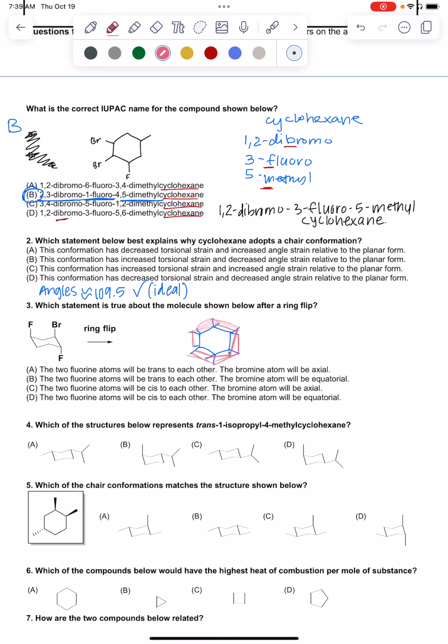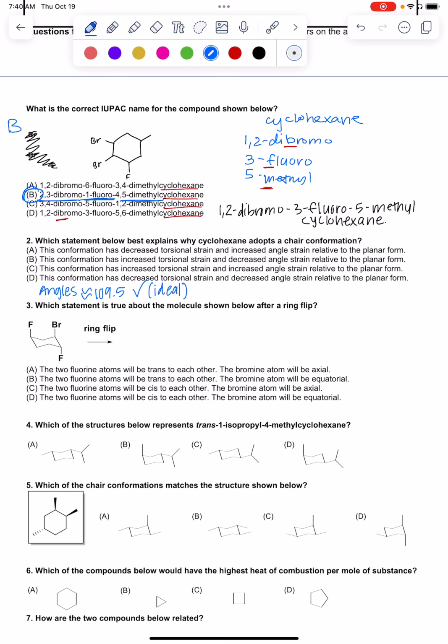When we put it in a chair conformation, the hydrogens or the other groups connected to the main ring are now not eclipsing each other. And that's why we get those axial and equatorial positions. They're not going to eclipse each other. The axial will stand up, the equatorial will stand straight. Now they're sort of perpendicular to each other, so they're not having that eclipsing interaction. And that's what torsional strain is.